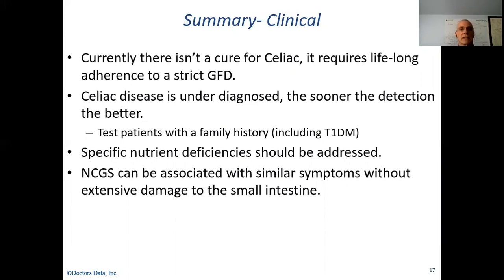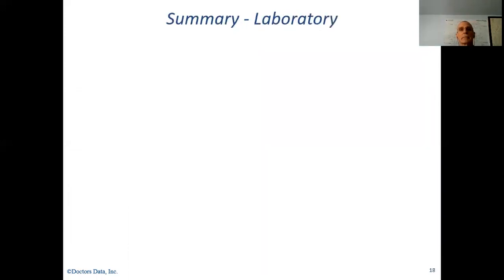And it's recommended to test patients with a family history, including a family history of type 1 diabetes. Now, it's clearly an absorption problem, so specific nutrient deficiencies should be addressed. And non-celiac gluten sensitivity can be associated with very similar symptoms as celiac without the extensive tissue damage.